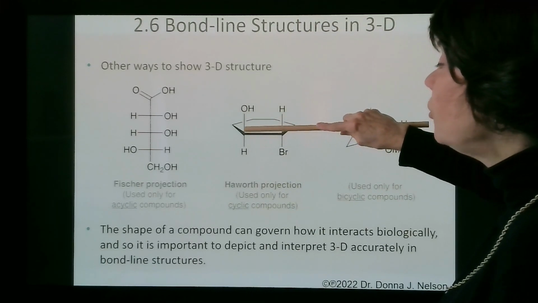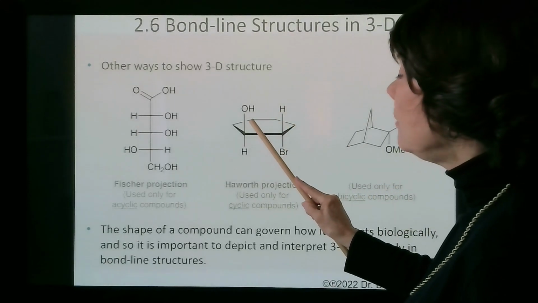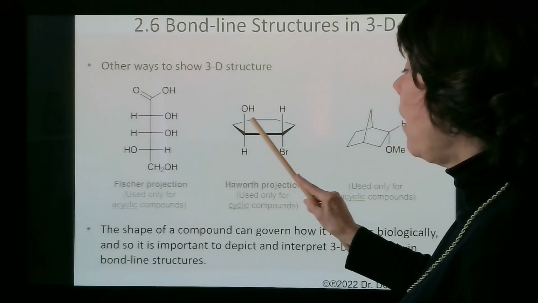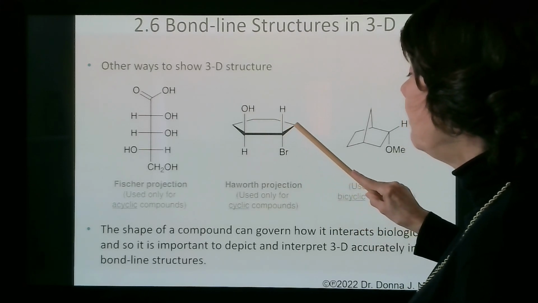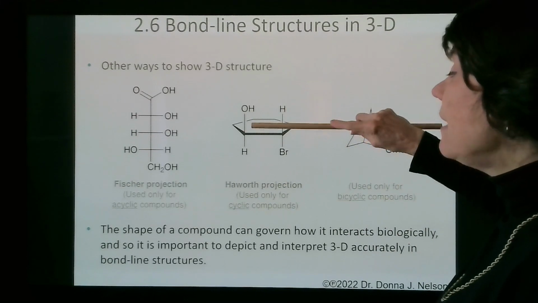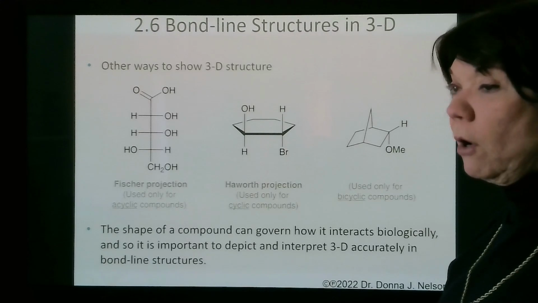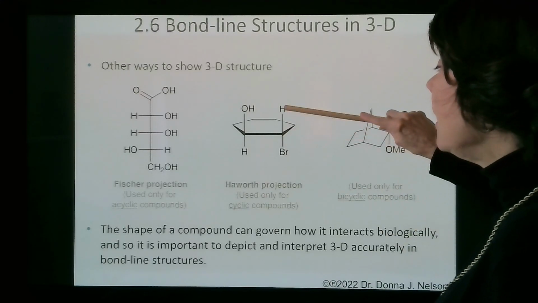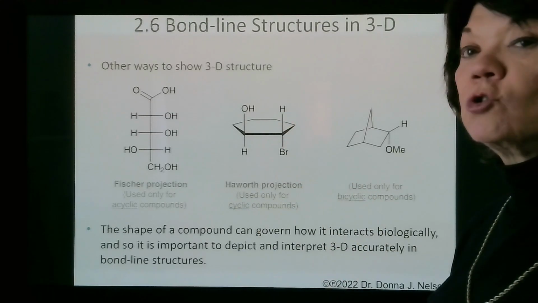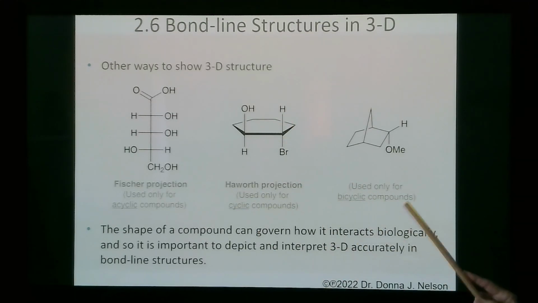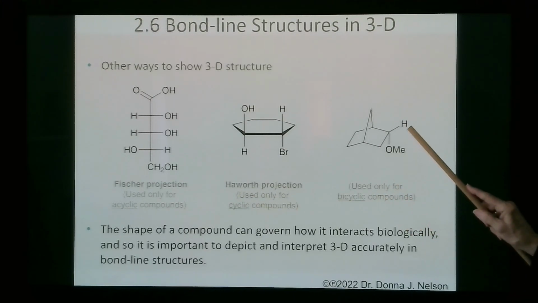Notice that the carbon-oxygen bond is going up. Here the CH bond is going up. And you can see a little break drawn in the bond back behind. Here there's another little gap in the middle of the bond drawn behind. And so that tells you that this carbon-oxygen bond is in front of that carbon-carbon bond that's drawn behind. Here the CH bond is drawn in front of the carbon-carbon bond that is drawn back behind. And here, again, we're depicting a bicyclic compound.